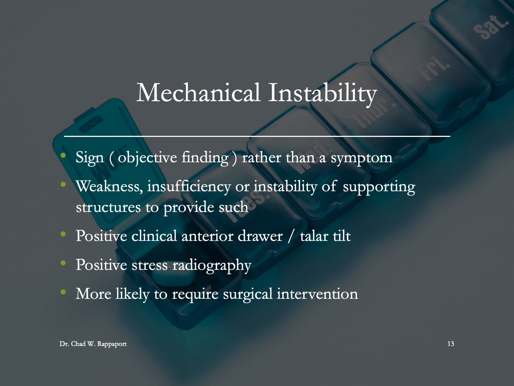It invokes weakness and insufficiency or instability of the supporting structures which would otherwise provide stability. These patients have positive clinical anterior drawer and talar tilt, as well as positive stress radiography, and these patients are more likely to require surgical intervention compared to patients with functional instability.